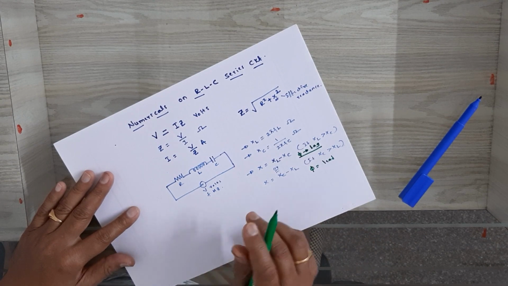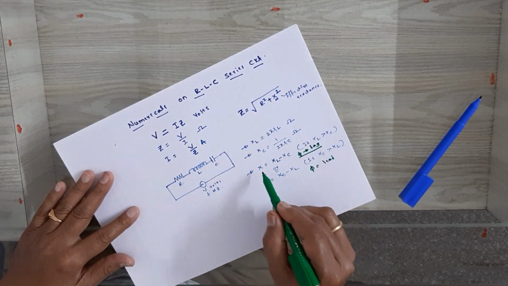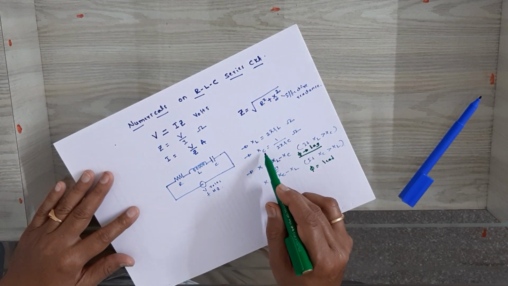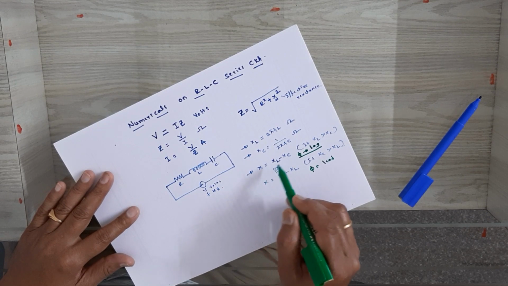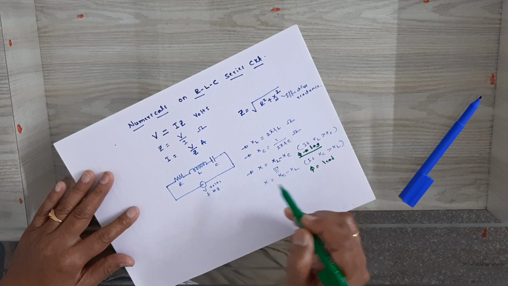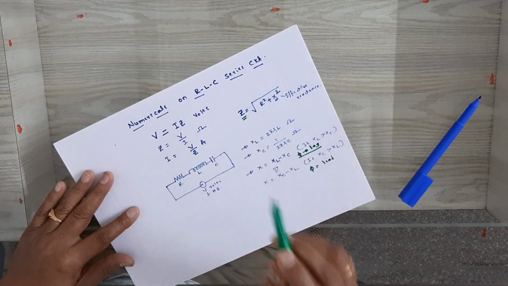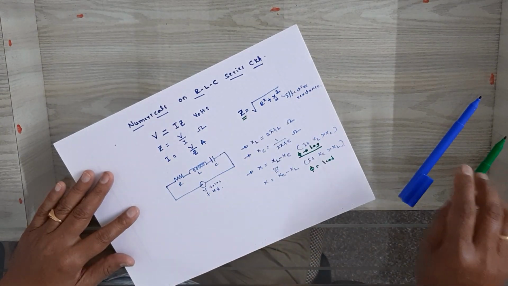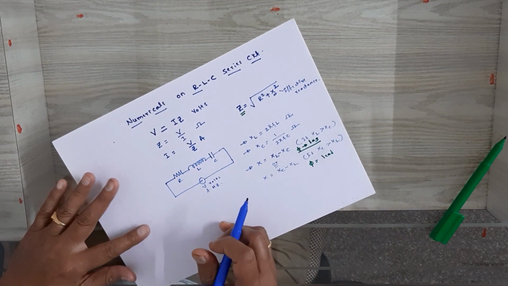The basic equations remain the same. Find XL, find XC, find X, either XL minus XC or XC minus XL. Then find the value of impedance, and the rest of the formulas remain the same.